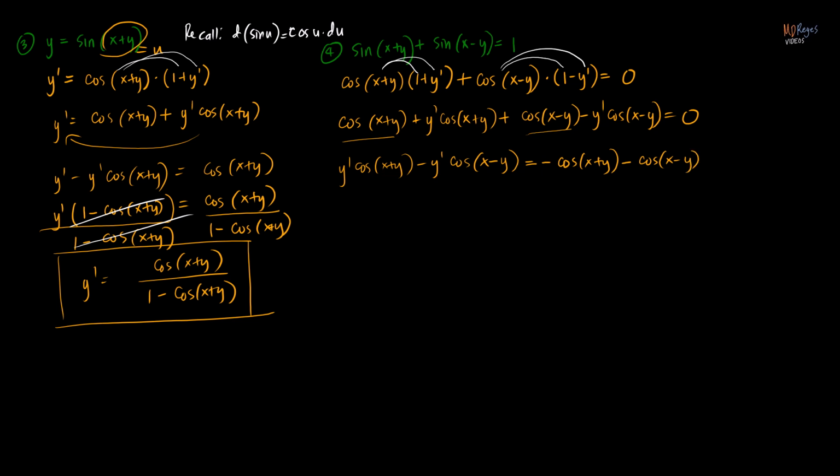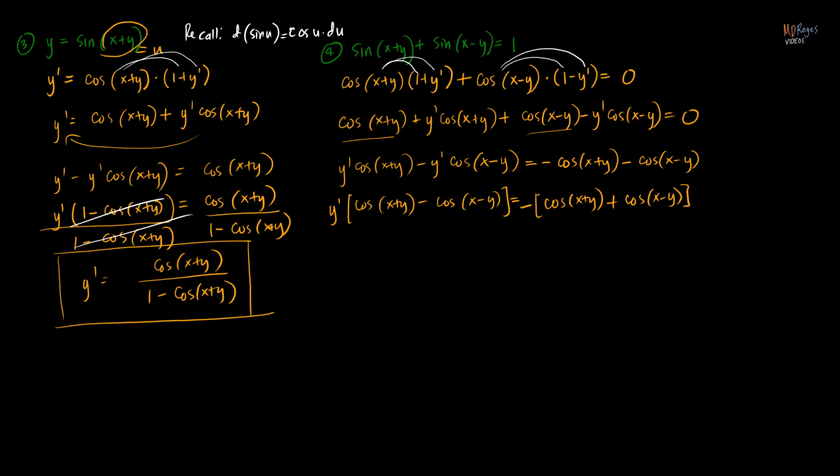Then again, factor out y prime from both terms on the left side of the equation, and we'll have y prime times the quantity cosine of x plus y minus cosine of x minus y equals, we can factor out negative 1 from both terms on the right side, so we'll just have negative of cosine of x plus y plus cosine of x minus y.